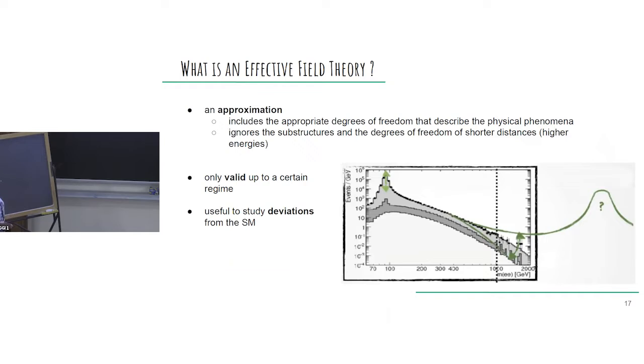For example, if we have new physics that is beyond the reach of the colliders, we could have these effects of deviations, especially in the tails of the distributions, due to this new physics. But the only way that we can access this is to measure this deviation and infer something on the higher energy theory.